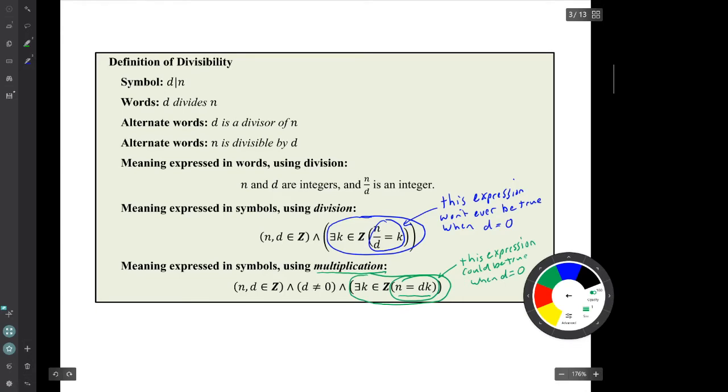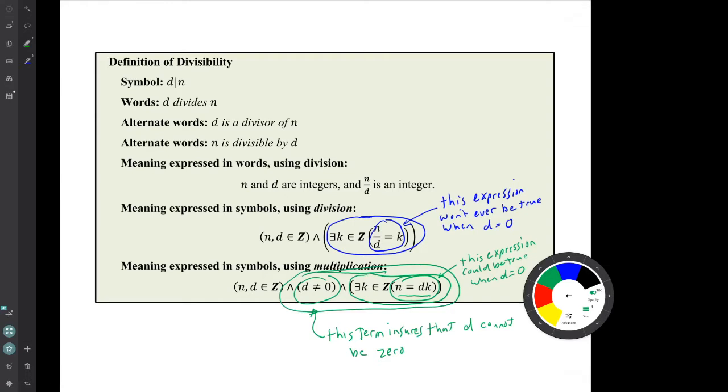So we need to add a requirement on the bottom line that requires that d is not allowed to be 0. That's what that term is there for. So the blue circled expression can never be true when d is 0, and this great big green circled expression can never be true when d is 0.